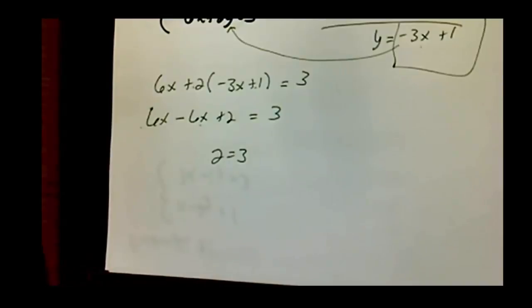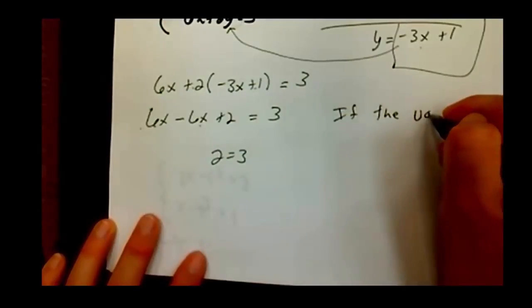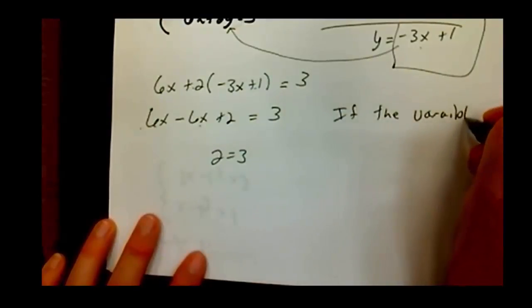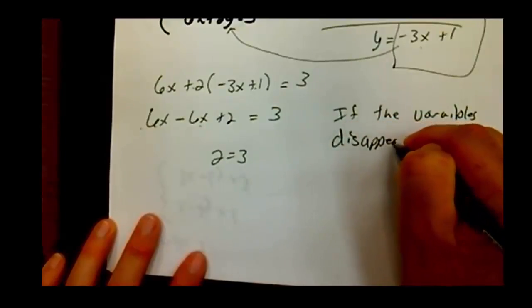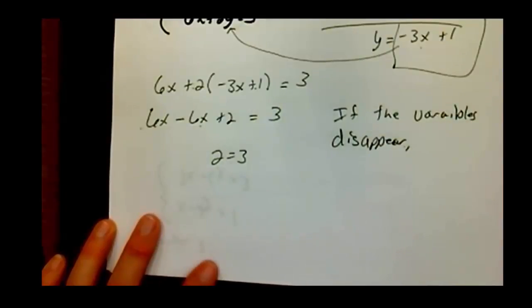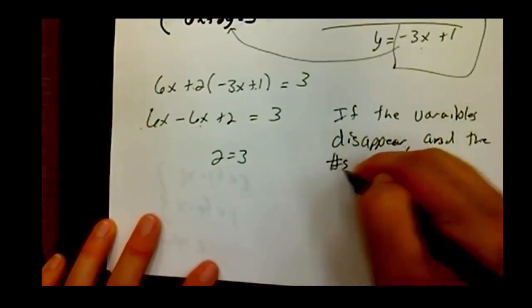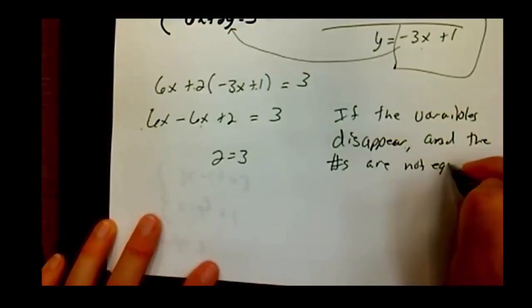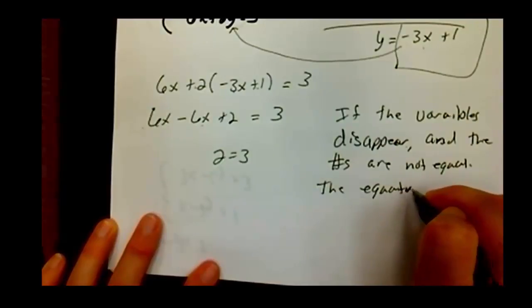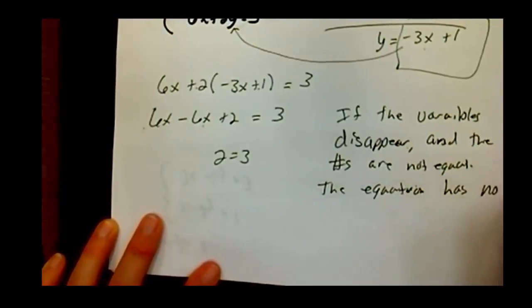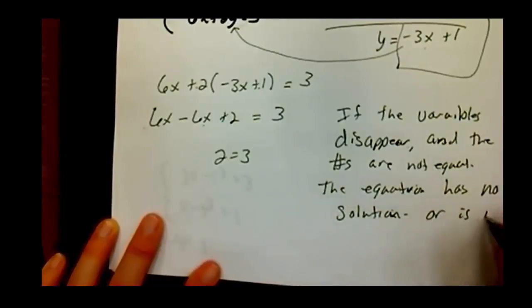When this happens, this is kind of a special situation. If the variables disappear and the numbers are not equal, the equation has no solution, or is inconsistent.